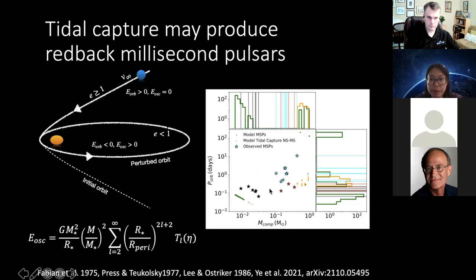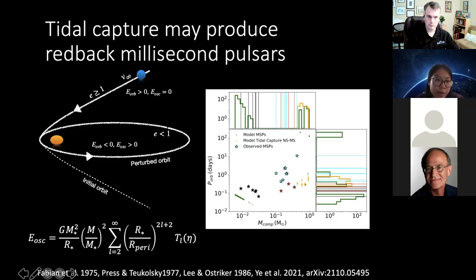And just to briefly introduce the different types of pulsar binaries, the black stars are called black widow millisecond pulsars, and they have this spider's name because the pulsar irradiation can ablate the companion and sometimes just blow them away. Similar to how a black widow spider will sometimes eat their partner, that's why they're called black widow pulsars.